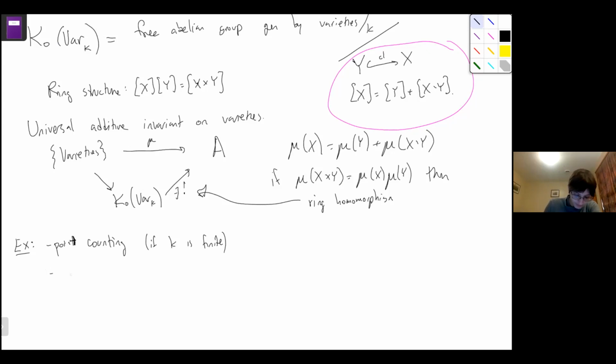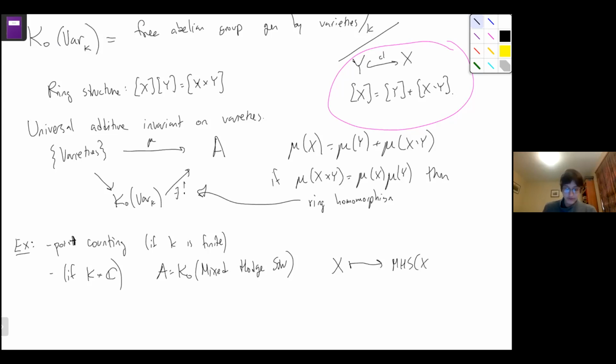Another example, and this is going to be pretty much the only example when K is the complex numbers, we can set A to be the Grothendieck group of mixed Hodge structures. And we can map a variety X to its mixed Hodge structure. This is a structure on its cohomology. And you do this really by taking the alternating sum of the class of the ith cohomology.